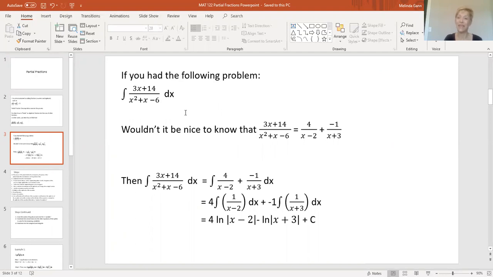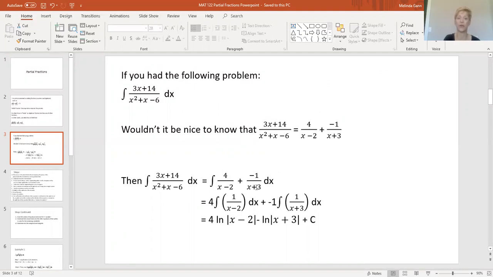So wouldn't it be nice if you knew that you could break that fraction up into 4 over x minus 2 plus negative 1 over x plus 3? Because if these two fractions added together are the same as that fraction, you could just replace this one with these two and then break the integration up. Look how easy that would be. This one is a fraction. What's the derivative of the bottom? 1. The easy way to get 1 is to pull the 4 out.